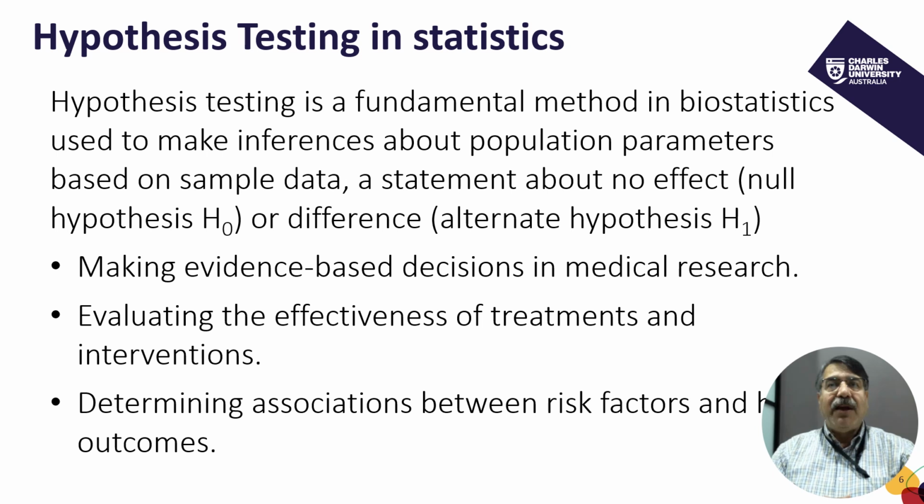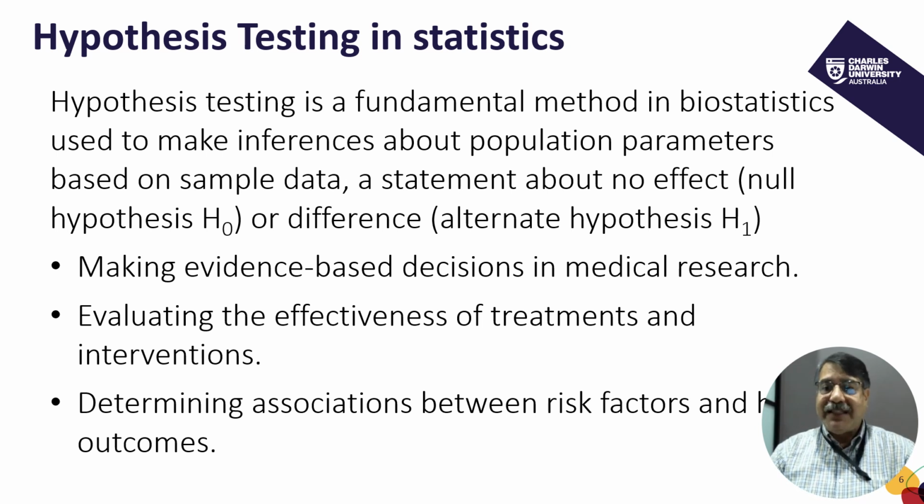I repeat, we assign a null hypothesis to our research saying that there is no difference between the average blood pressure in the two groups. In one group there is a new medicine, and in another group there is a placebo.